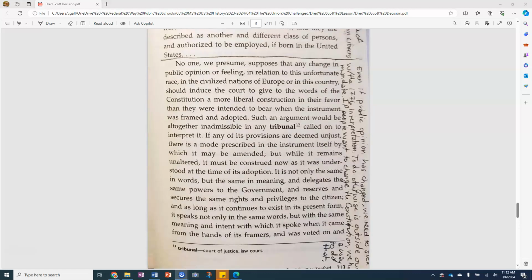Okay, and so here, what Taney's getting into is some discussion of different arguments that have been going on, and still go on today, about how to interpret the Constitution.